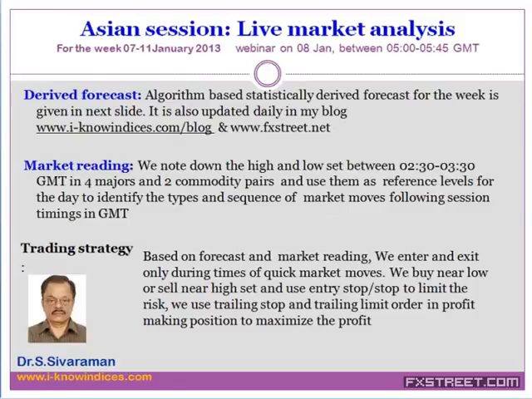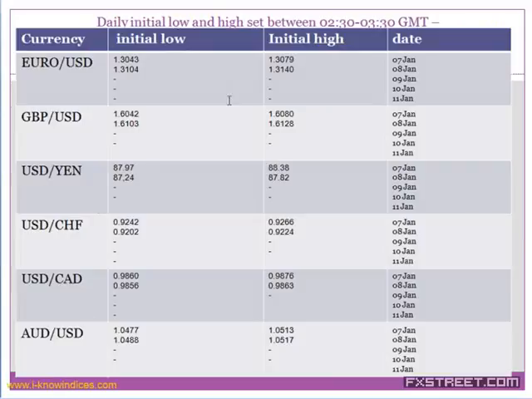With regard to the market reading, yesterday they were trading around 1.3043 as the initial low, and came down to 1.3018 as a brief extended downward move in the case of Euro, and then subsequently they made the rise. In the case of GBP also, from 1.6042 they came down to 1.6022, just 20 pips, and then subsequently started gaining the levels.